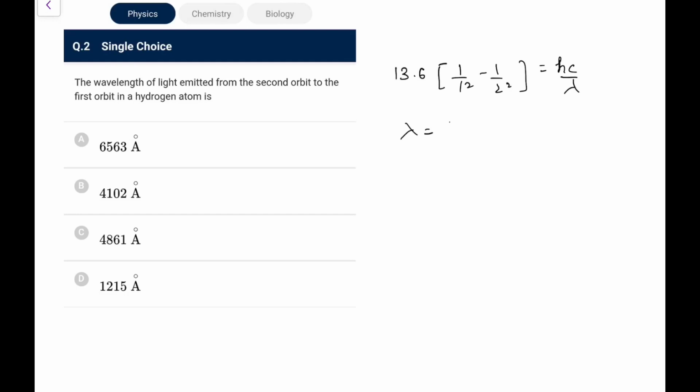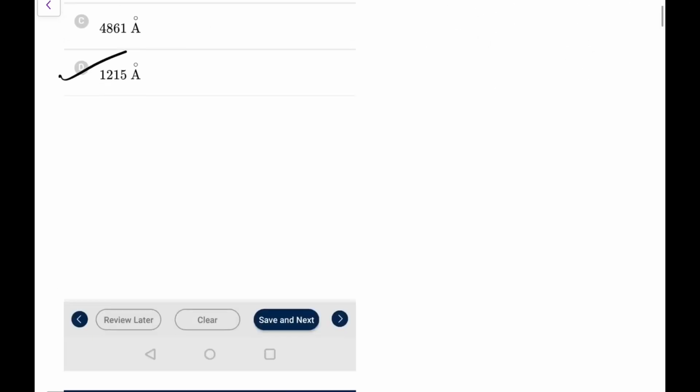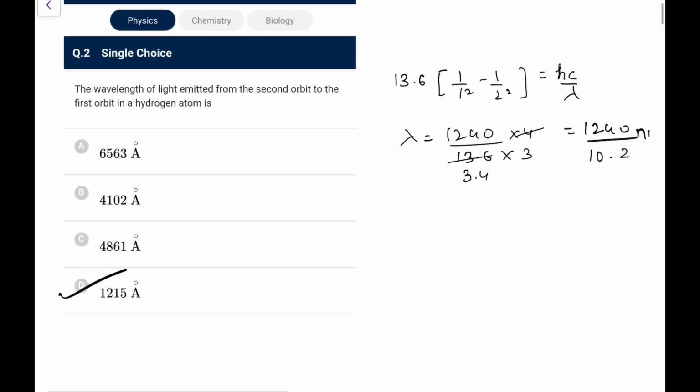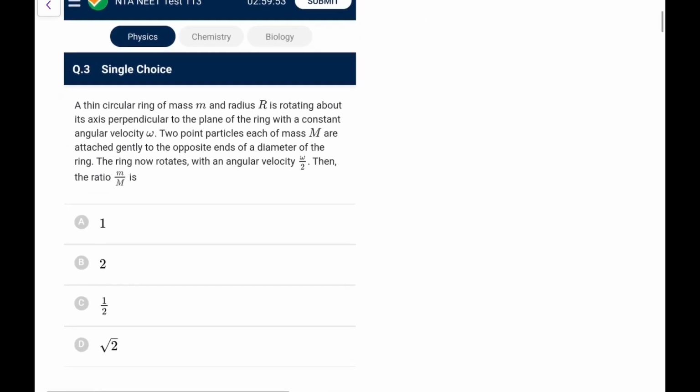So lambda comes out as 1240 upon 13.6 times 3 by 4, that is 1240 upon 10.2, which we already know. So it would be approximately 121 nanometer or 1215 angstrom. Go for this, because this is in nanometer. In angstrom, this comes out like this.